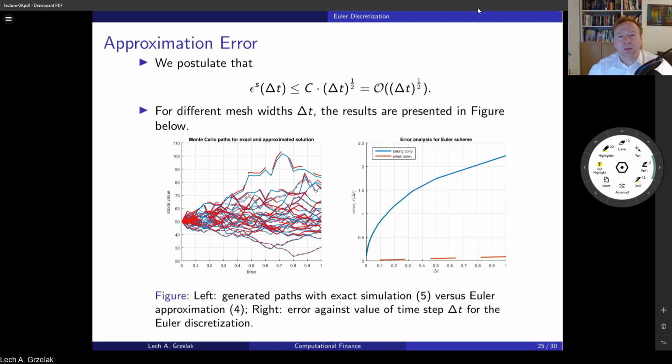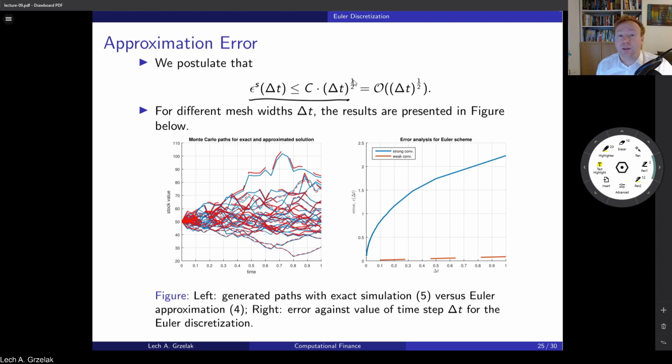What does it actually mean that the error that we observe is a square root of delta t? How to interpret that? If we look at this inequality, we have the strong convergence error of delta t less or equal to a constant times the square root of delta t. What it says is that if we would like to reduce our error by 100, because we have a square root, delta t has to be changed by 10,000.